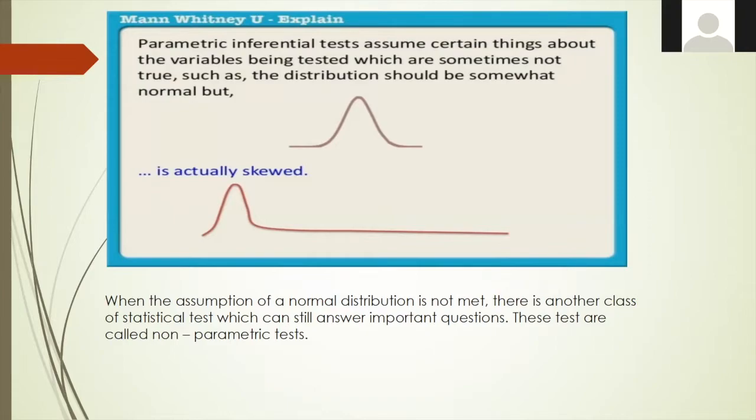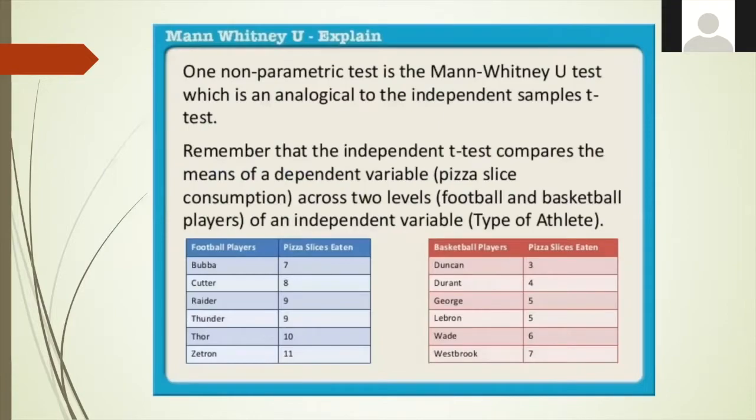When the assumption of a normal distribution is not made, there is another class of statistical tests which can still answer important questions. These tests are called non-parametric tests. One non-parametric test is the Mann Whitney U test, which is an analogue to the independent sample t-test.